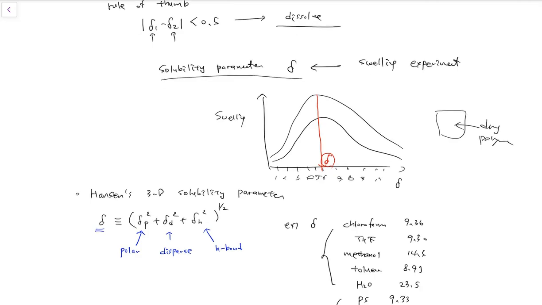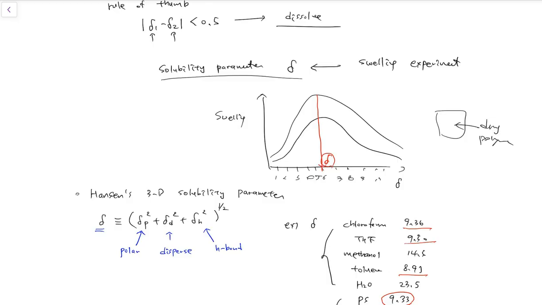For polymer, PS, polystyrene, is 9.33, and just the monomer styrene, 9.32.